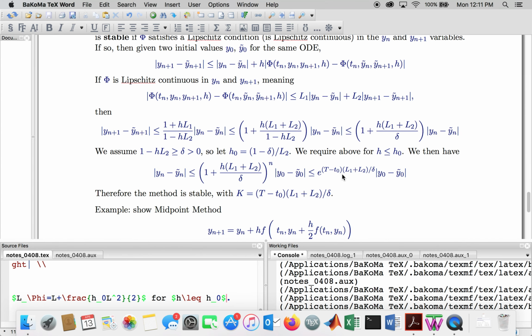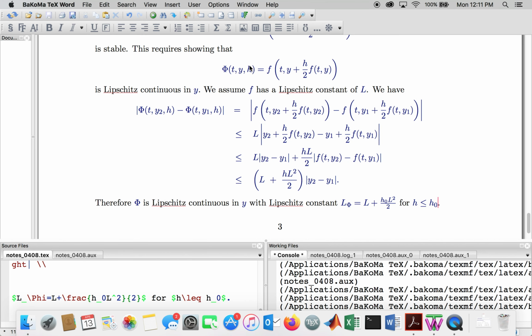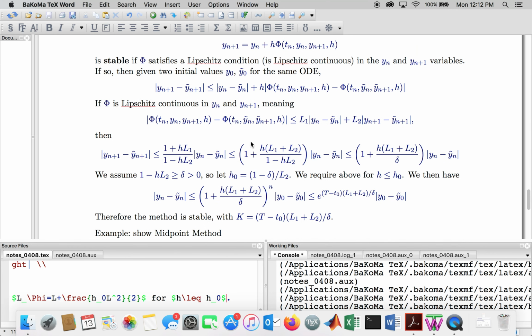Okay, so that's all it takes to show that a one-step method is stable. Work with a function phi, show it's Lipschitz continuous in yn, as was done here, and also in yn plus 1 if a method is implicit. And as was shown up here, by using that relationship and applying it repeatedly, we show how the solution at time n depends on the initial data and how it changes.